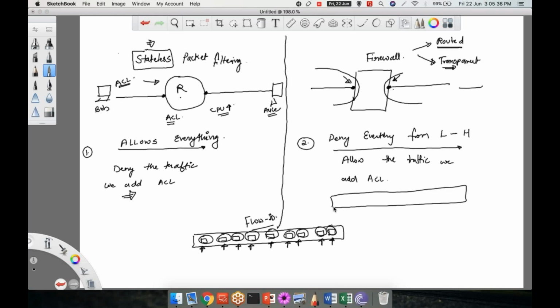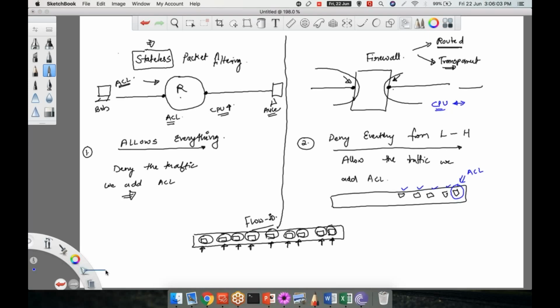In a firewall, if the connection has been built between the sources, only the first packet of the flow will be inspected by the ACL. All the remaining packets will be allowed and will not be subjected to an ACL. That's how the CPU utilization of a firewall remains calm and constant.